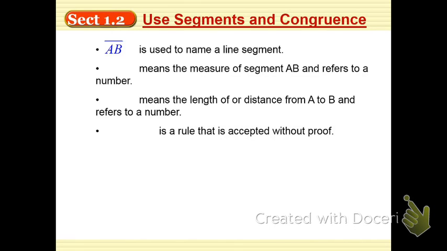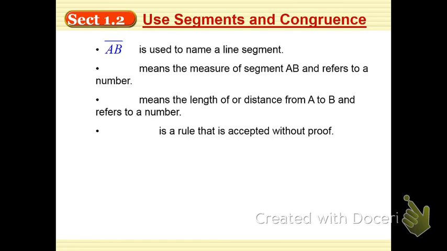AB with a line over it is used to name a line segment. So I name a line segment with two letters and a line over it.